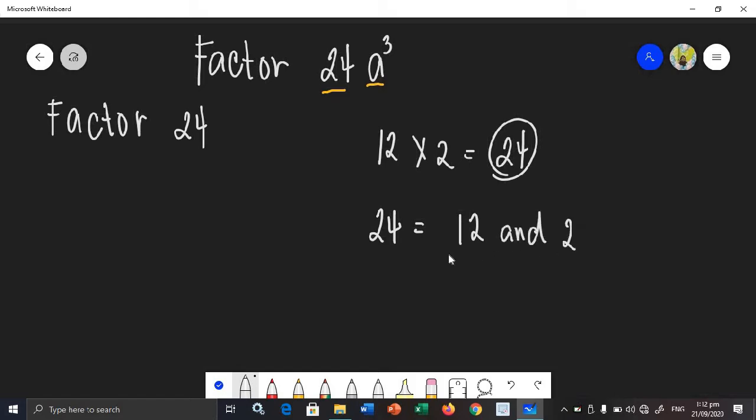Why? Because if we multiply 12 and 2, the answer is 24. In multiplication, we look for the product, 24. But in factoring, we look for the two numbers that, when you multiply them, give 24 as the answer. That is what we call factors or factoring.